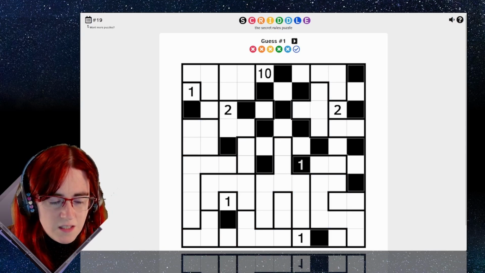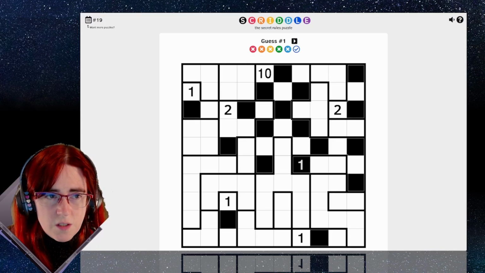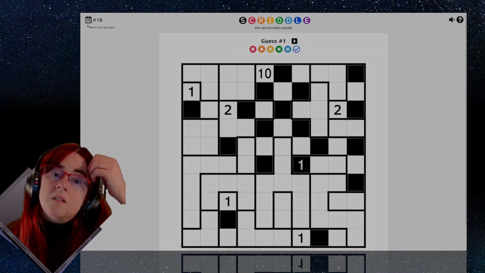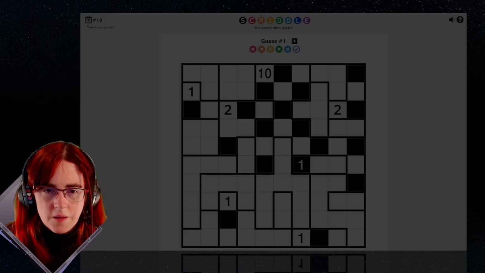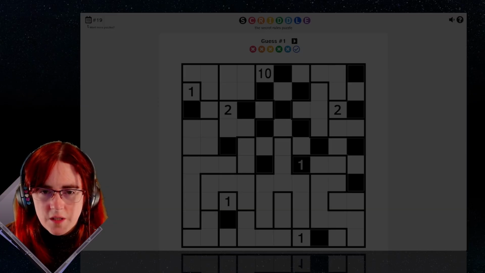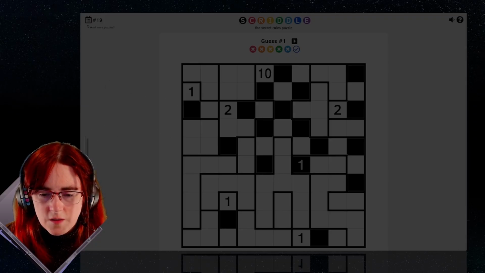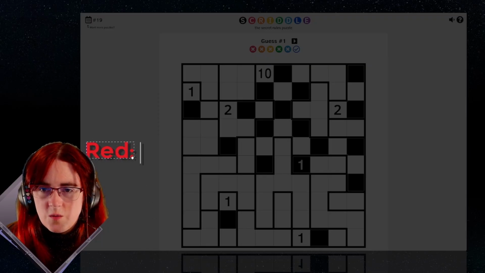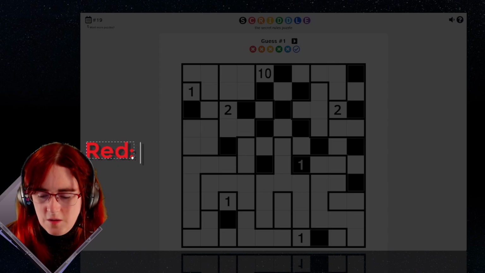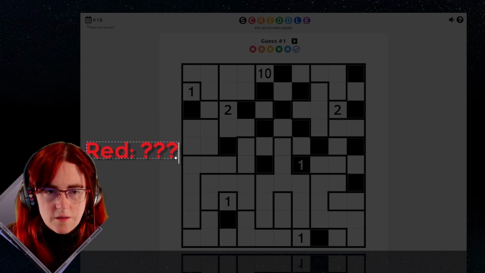Let me get an Inkscape window. Okay, we've got somewhere to put some notes here. So, what do we think each of our rules are? So we're not sure what the red rule is.